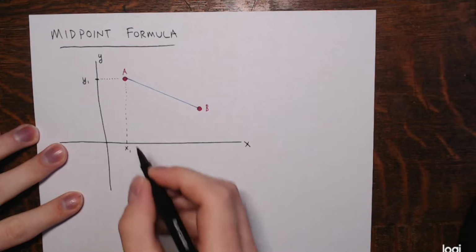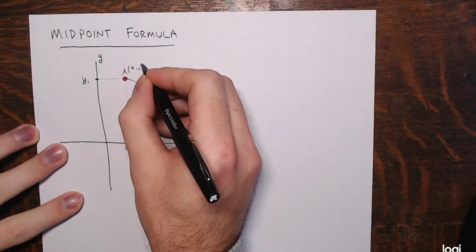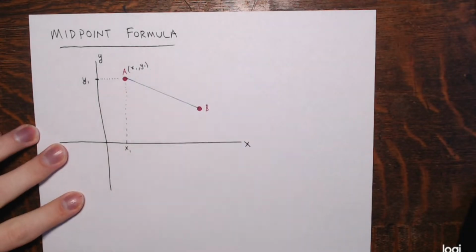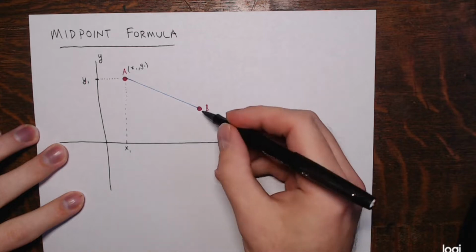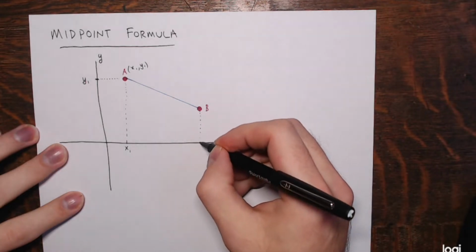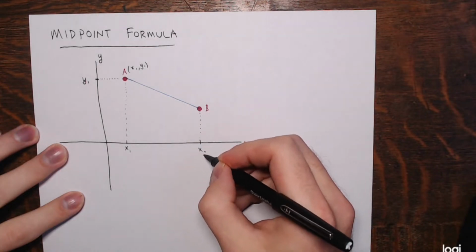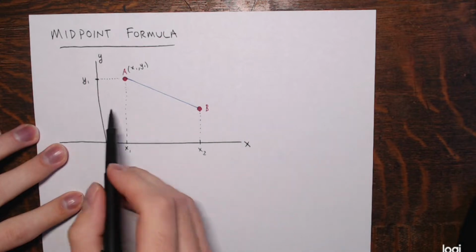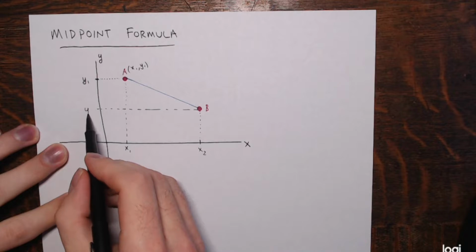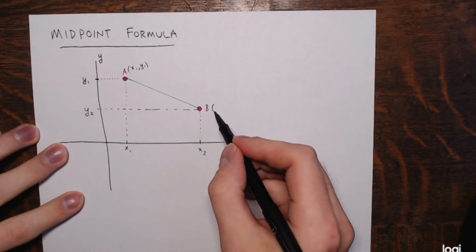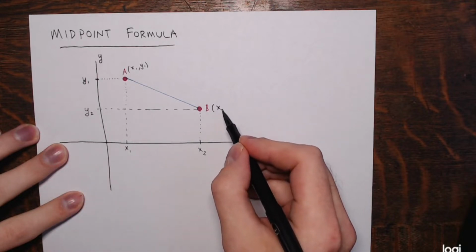Right, so this point has coordinates (x1, y1). That's point A. And then this other point on the other end, point B, say it has an x-coordinate of x2 and a y-coordinate of y2. And so point B has coordinates (x2, y2).